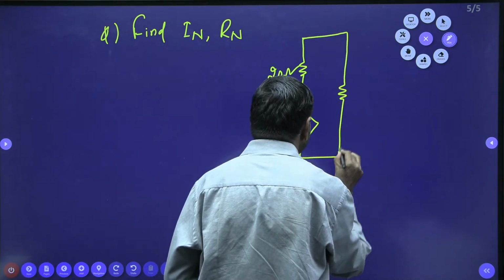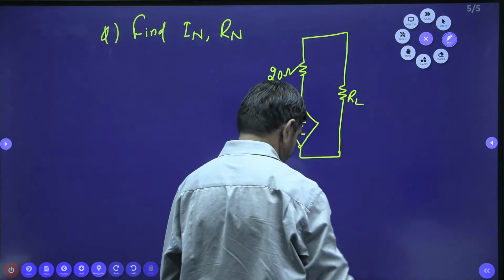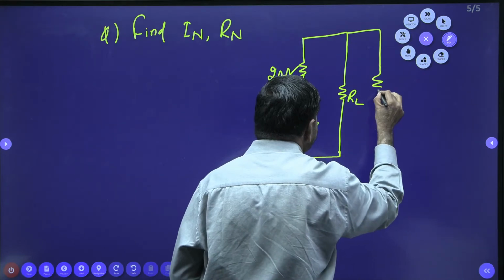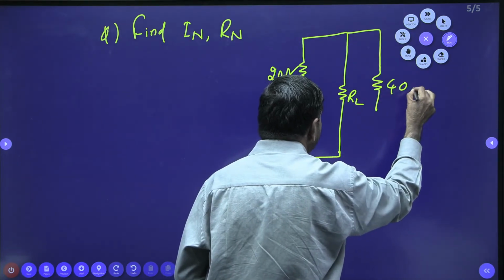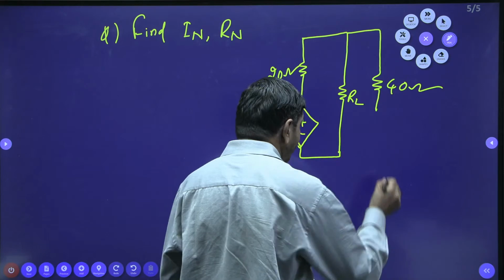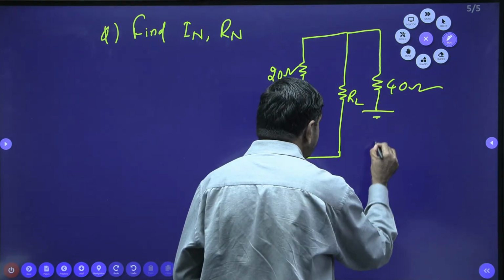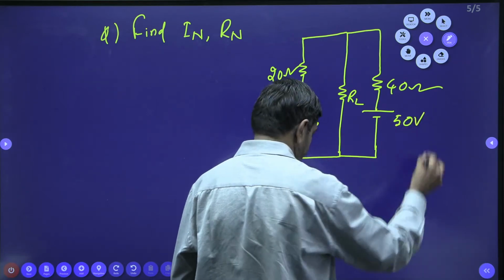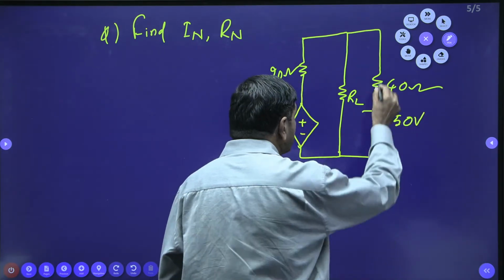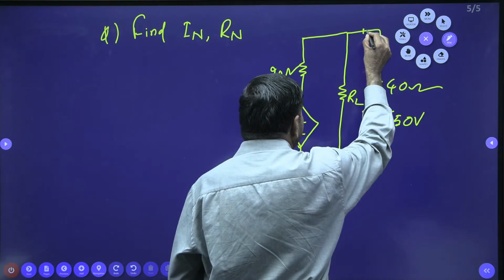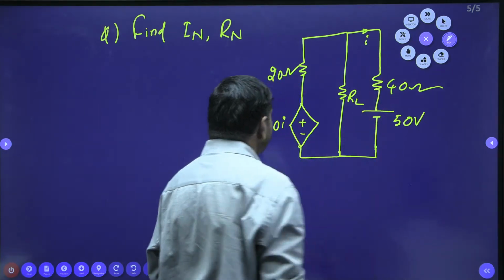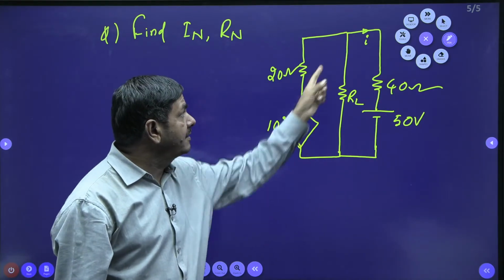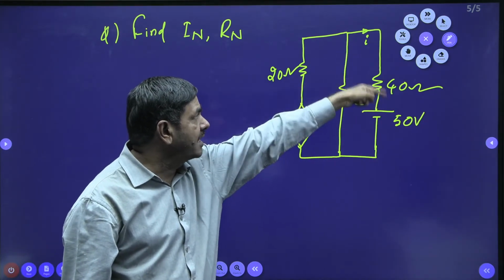This is R suffix L. And a 40 ohm resistor is connected here. And a 50 volts battery is connected here. But the current passing through this 40 ohm is given as small I. So this dependent source depends upon the current I passing through this 40 ohms.